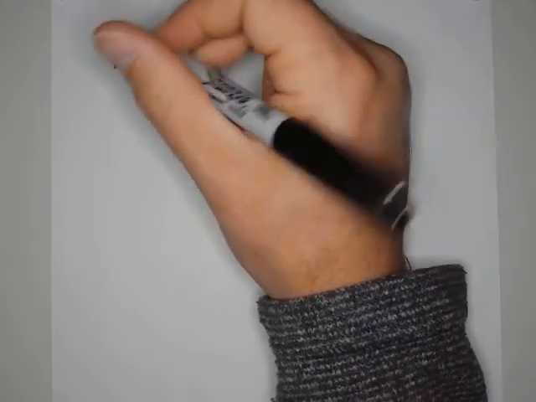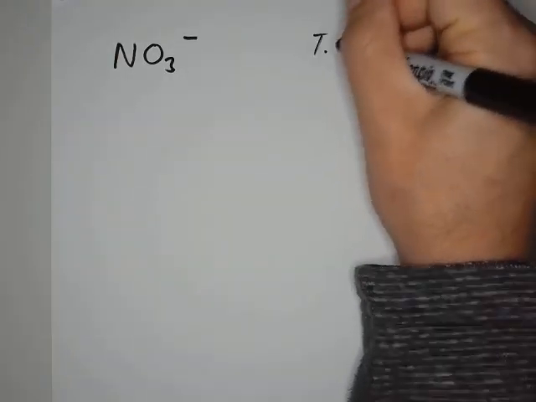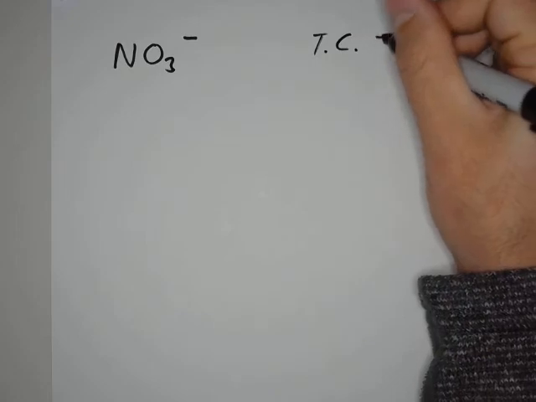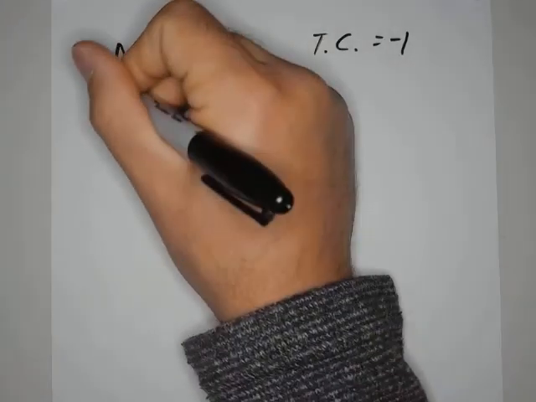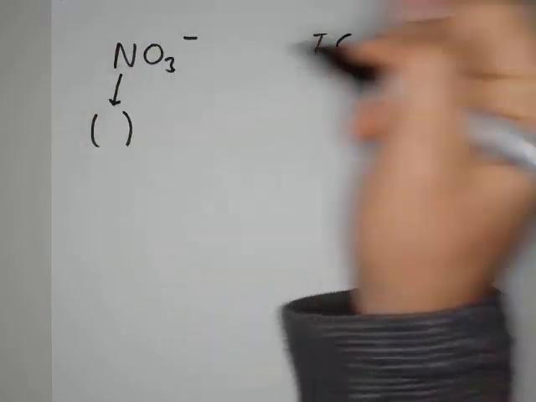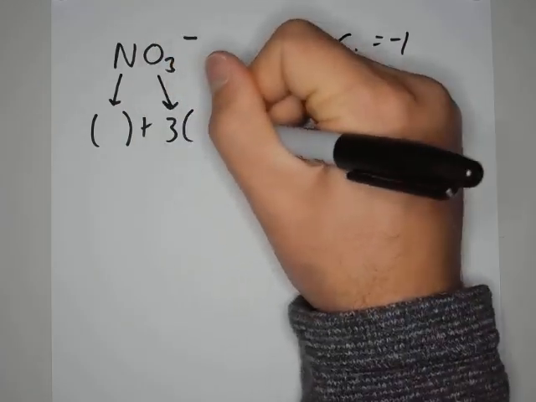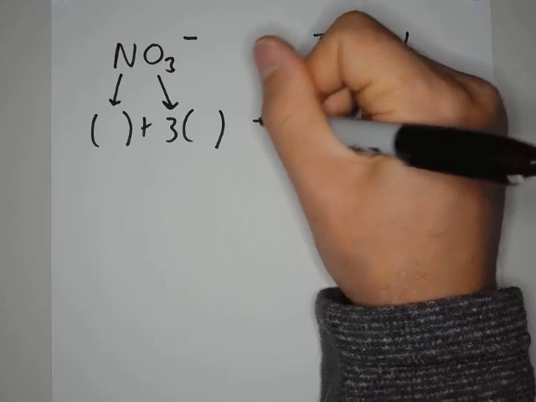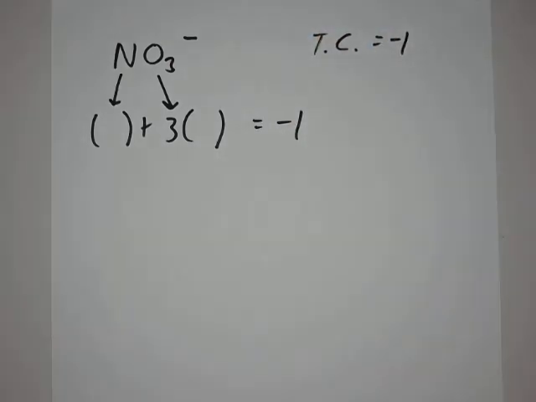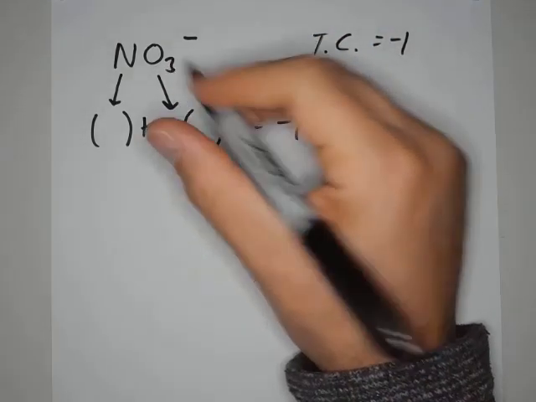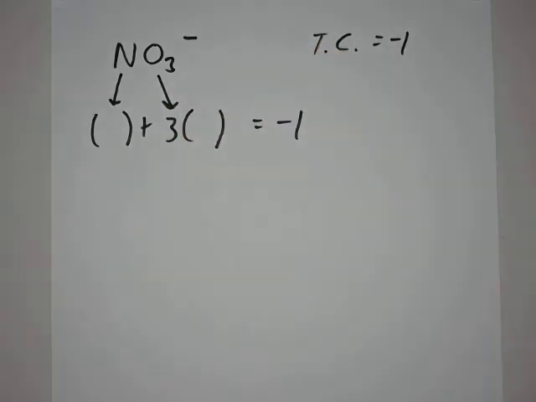Now here the total charge this time is -1. So I've got 1 oxidation number for nitrogen plus 3 lots of oxidation numbers for the oxygen has to equal -1 this time, not 0. So oxygen is -2.